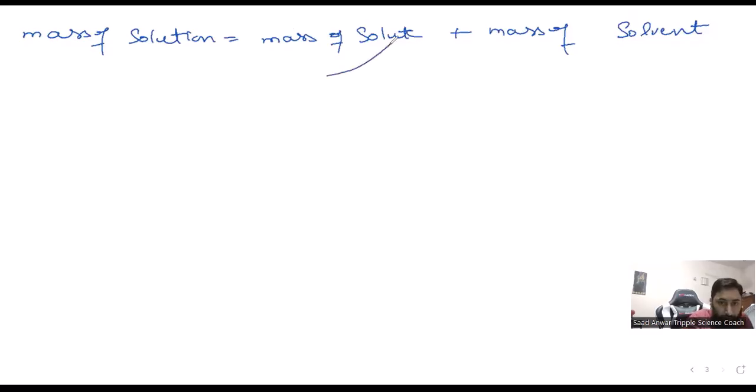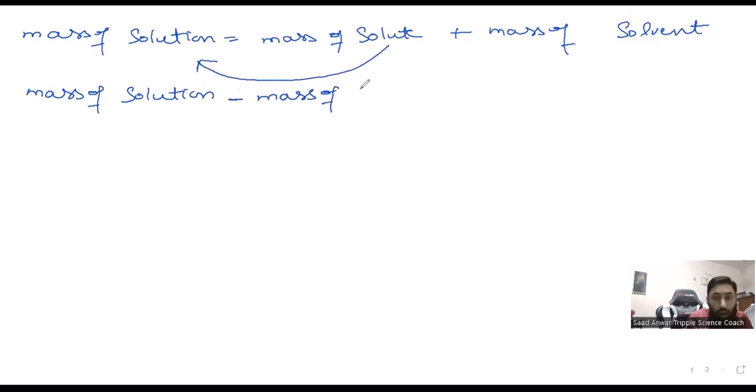I would bring mass of solute to the other side. So the formula would be mass of solution minus mass of solute. This is mass of solvent.